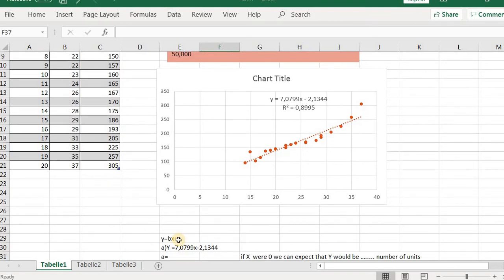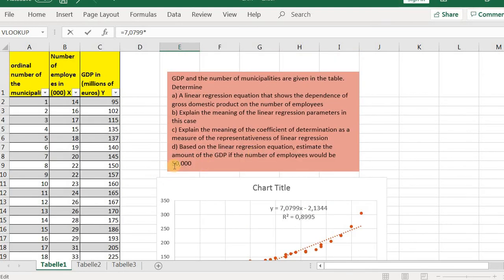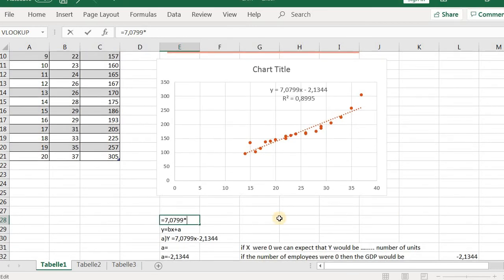So if we go to our equation here, we have to calculate Y. Okay, and we have our parameters B, A, and we have the value for X. B is 0.799 multiplied by 50, not 50,000, by 50, minus 2.1344, and this is our value.